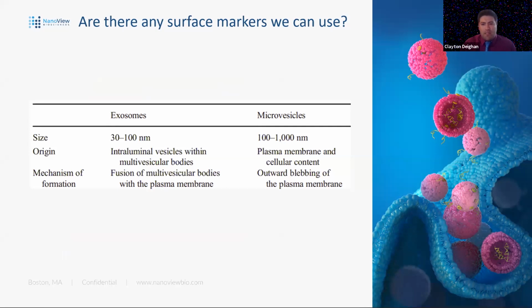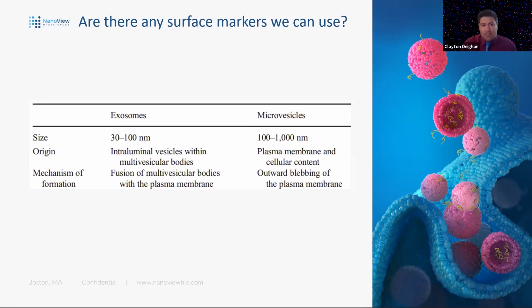What we find often is that people call out the size. I've taken a table here and called out, we'll say the exosomes are 30 to 100. It's kind of arbitrary that they're cut off at 100, but they're small in the intraluminal body. And then microvesicles from the surface should be bigger, or we think they should be bigger. And that, again, it doesn't help us separate them that they're bigger. They need to be different density. And the 30 to 100 versus 100 to 1,000 is all going to come out in the same fraction in SEC.